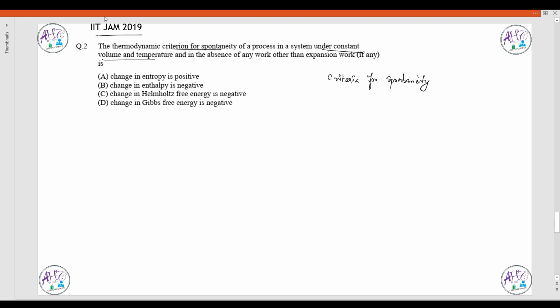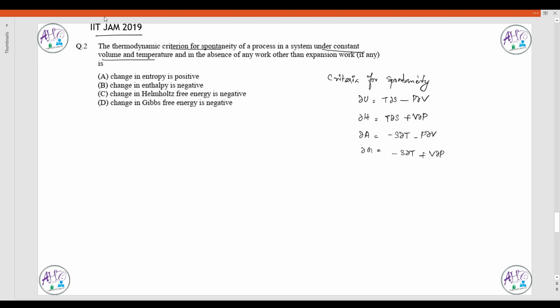What equations do we have? We know, from your Maxwell square, dU = T dS − P dV, dH = T dS + V dP, dA = −S dT − P dV, and dG = −S dT + V dP. These are your equations from Maxwell. Now, how to remember this?